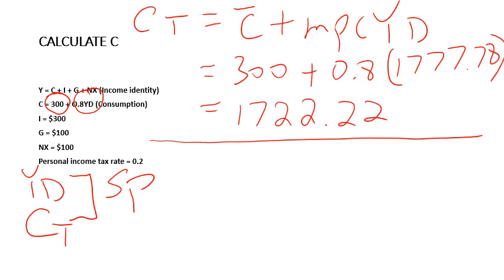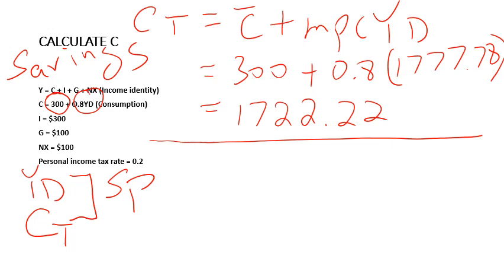Capital S, little p. So what is SP? SP refers to private savings. The savings of the consumers, and only the consumers. Once again, SP refers to private savings, the savings of the households, of the consumers.